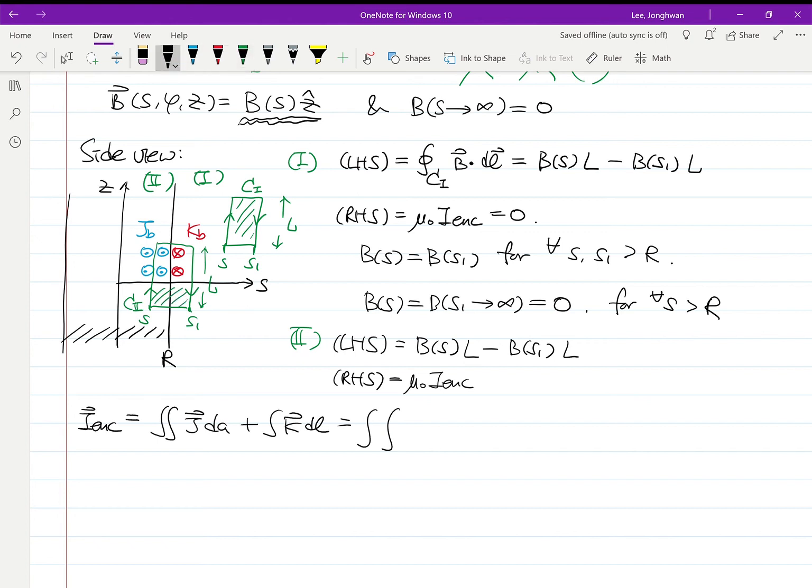J is the negative K phi hat, and this is on the s-z plane, so ds dz.